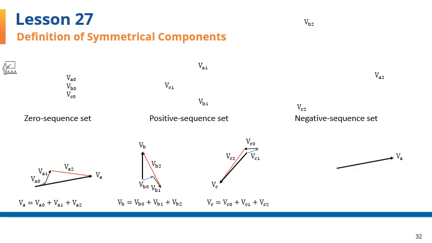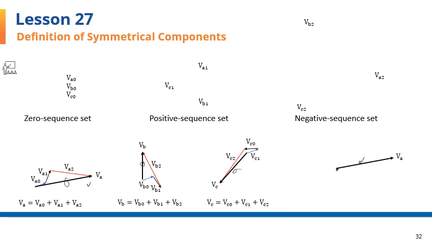I'm going to start to add, not to add, but to translate these three phasors to a point here. I've already moved VA from here to here. I'm going to put the other two next to it so that we can see them in one place and be able to compare them and see how they relate to each other.